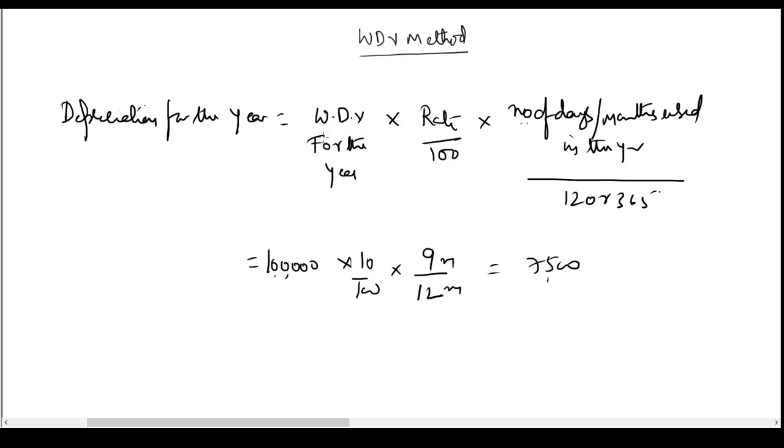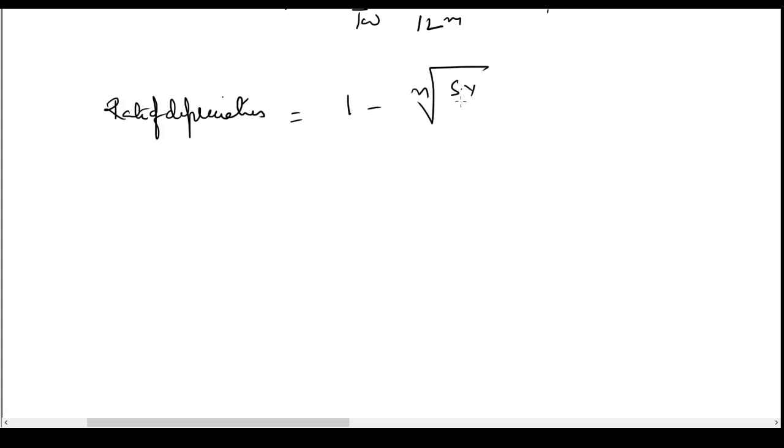You first take the written down value for the year, multiply it by rate by 100, multiply it by the period used during the year, and divide by the number of months in a year or the number of days in a year. Okay, now the question arises, how do you calculate the rate of depreciation? The rate of depreciation under the WDV method is calculated using a formula: 1 minus nth root of scrap value divided by original cost.